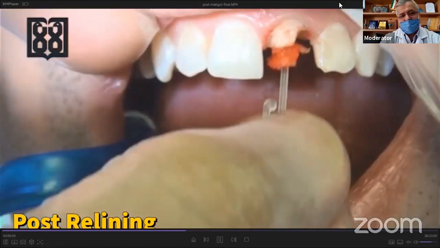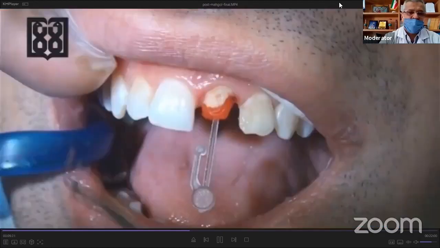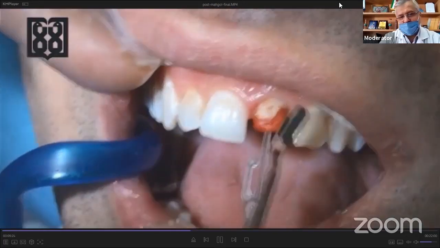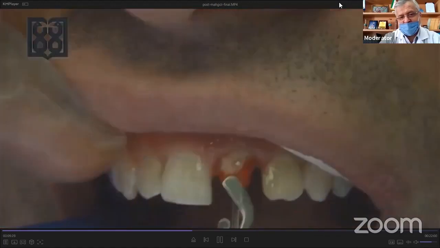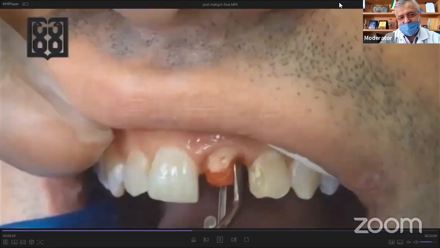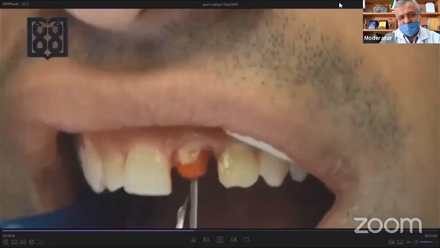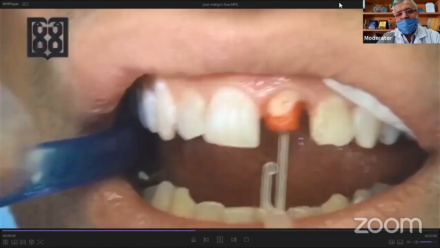After that, at this stage, we must prepare the core, and we must build up the core of the post. By adding some acrylic material on the coronal part of the tooth, I try to build the form of the core similar to the peripheral teeth, for time saving.